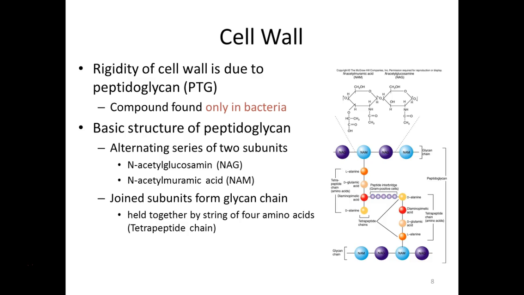So you have this mesh network of alternating sugars completely covering the surface of the cell. And that's just one layer. Then you have another layer of sugar and another layer. Layer upon layer upon layer. As many as 30 layers for a gram-positive organism.